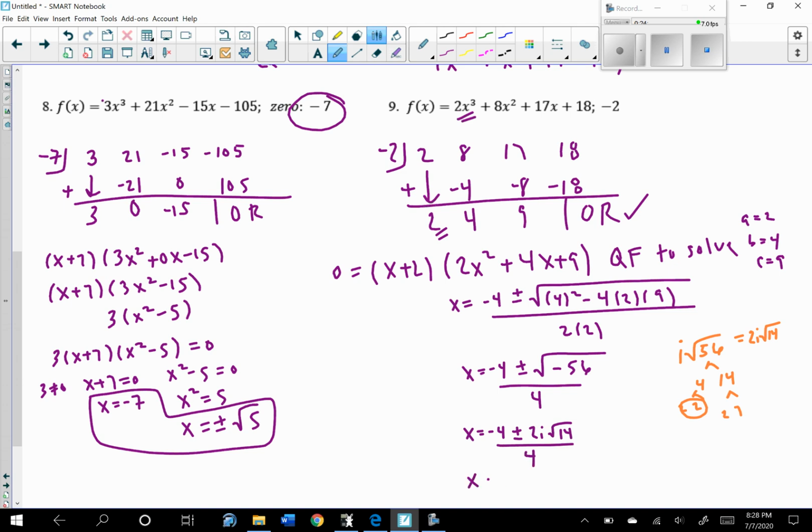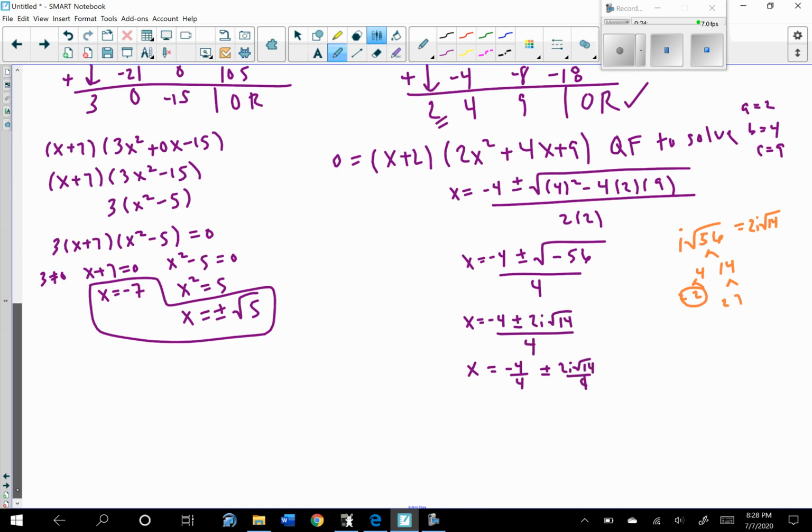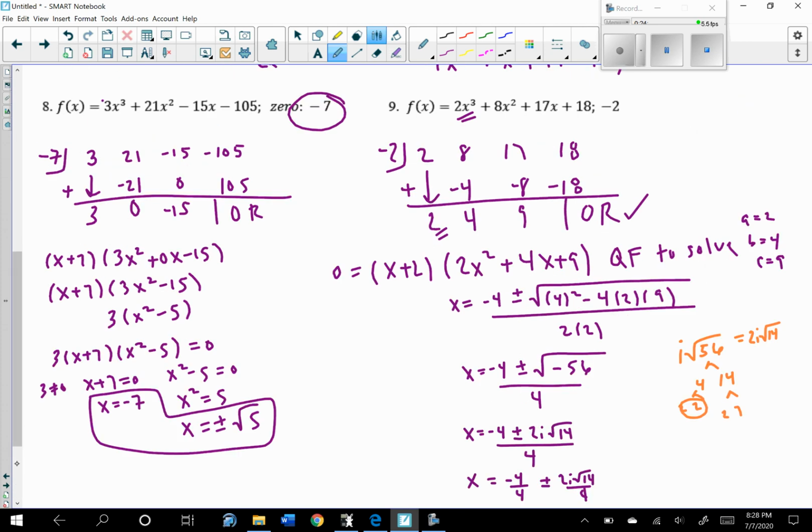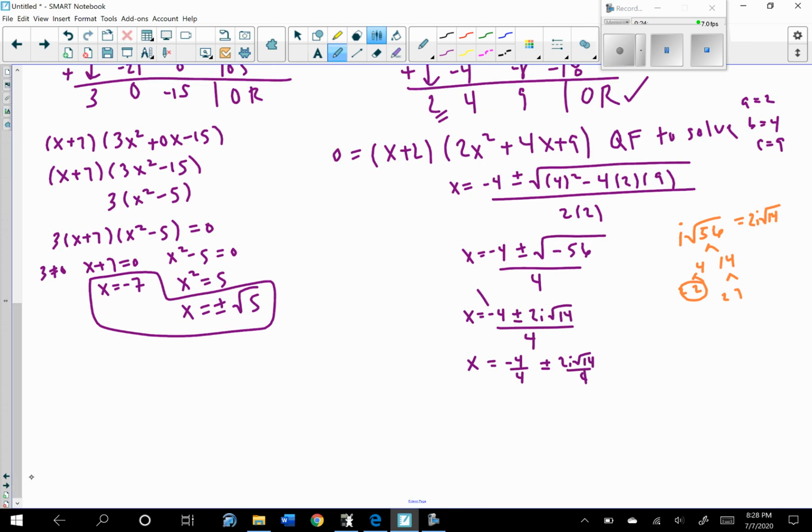So that gives me negative 4 divided by that 4 plus or minus 2i root 14 divided by 4. So that means that this is equal to negative 1 plus or minus i root 14 over 2.